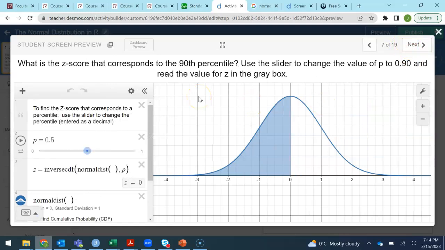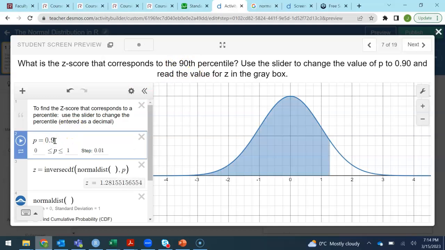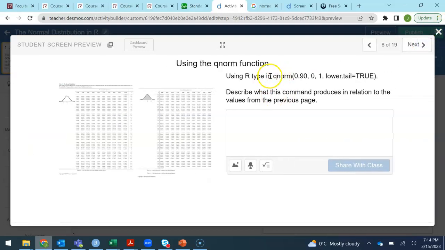Then, let's look at another situation. What is the z-score that would correspond to a probability for the 90th percentile? So if I change the probability to 0.9 for the 90th percentile, see my z-score is about 1.28. That's appearing here. So what happens if I use the function qnorm and that 90th percentile as the very first argument?